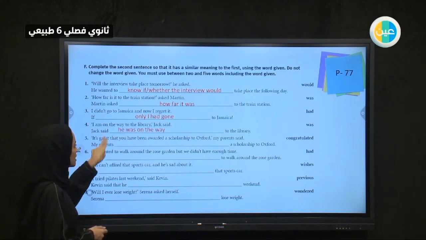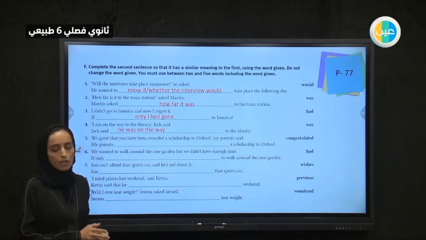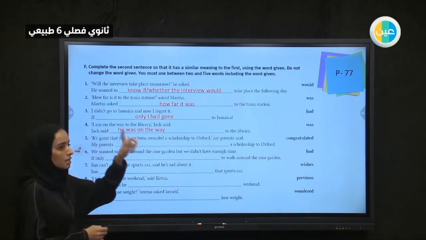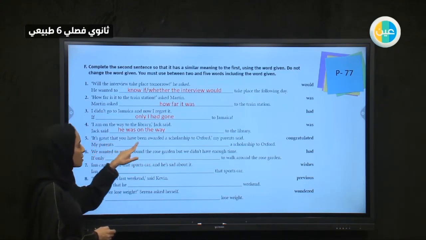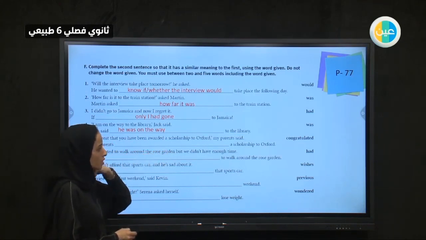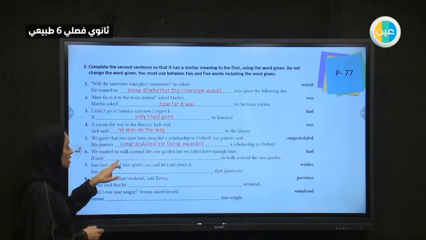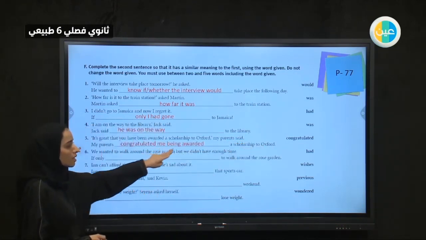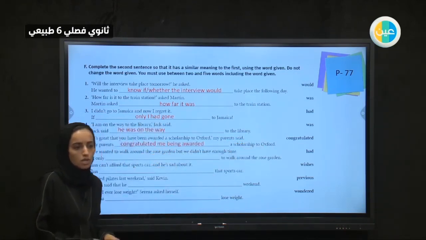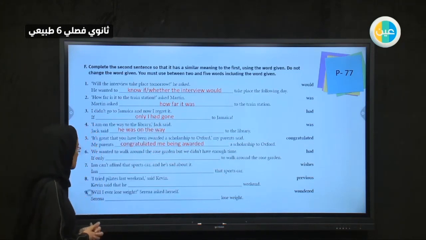Then Jack said he was on the way to the library: I am, he is, he was. It is great that you have been awarded a scholarship to Oxford. My parents congratulated me on being awarded.